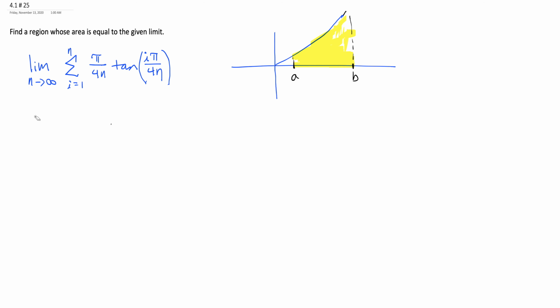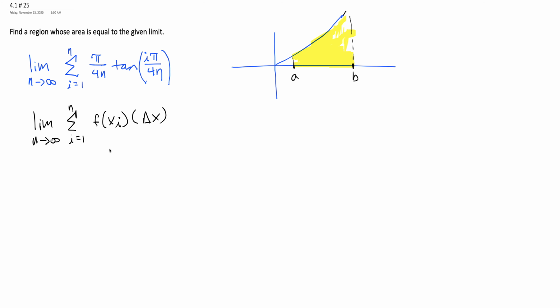And you want to start with the most generic limit function that looks like this, almost the same as this, but you're going to write the limit as n goes to infinity, sigma i equals 1 to n, f of xi delta x.